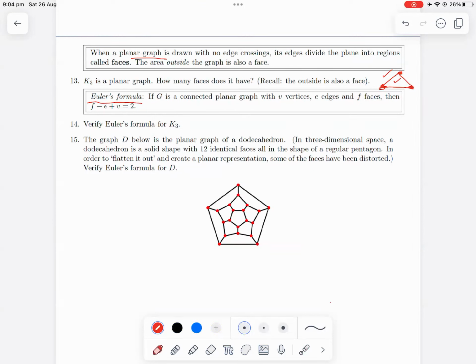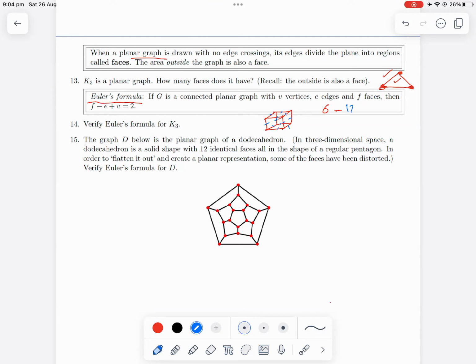So if you have this one like this, okay, you got 6 faces minus, should use this, 1, 2, 3, 4, 5, 6, 7, 8, 9, 10, 11, 12.